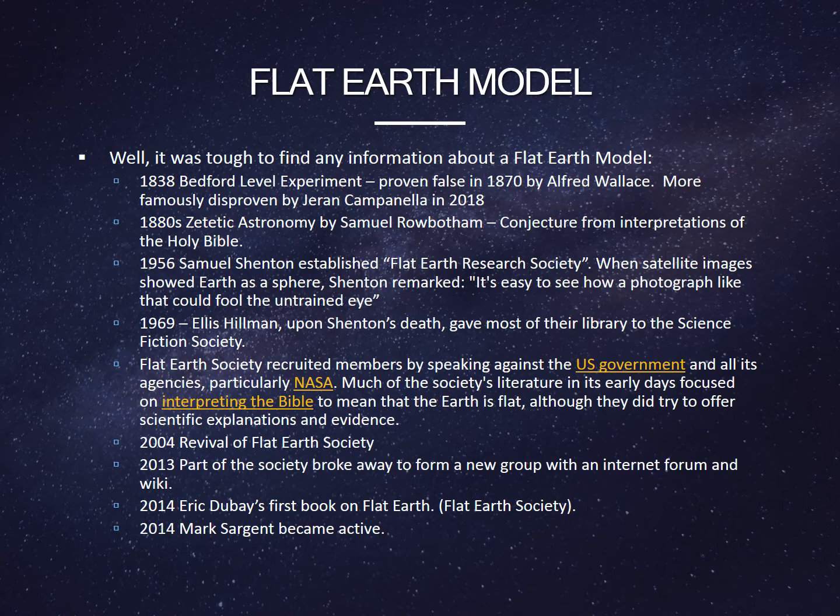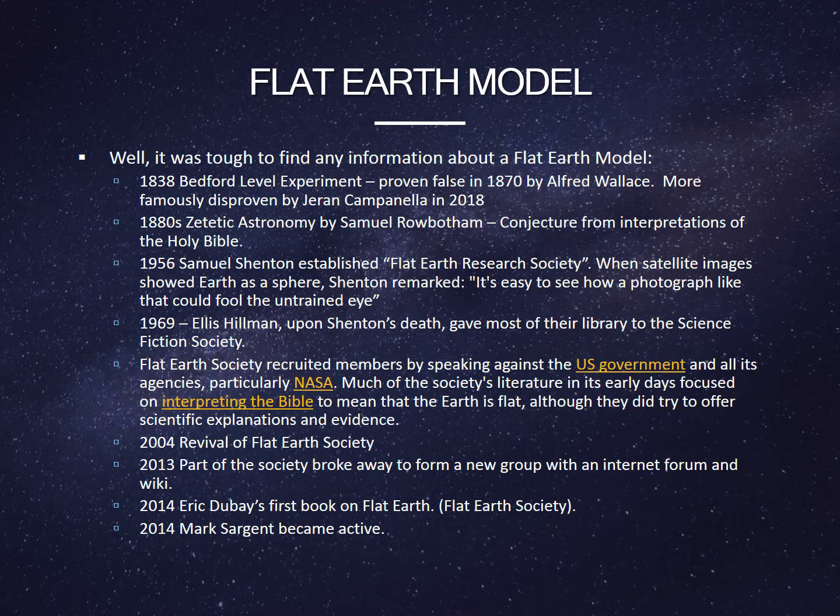In the 1880s, Zetetic Astronomy is a book written by Samuel Rowbotham. It was pure conjecture from his interpretations of the Bible. In 1956, Samuel Shenton established the Flat Earth Research Society.